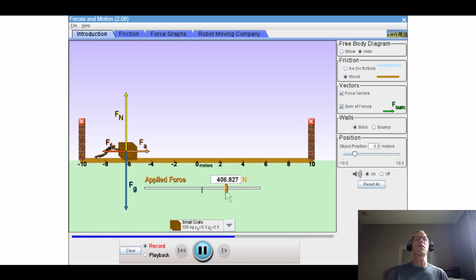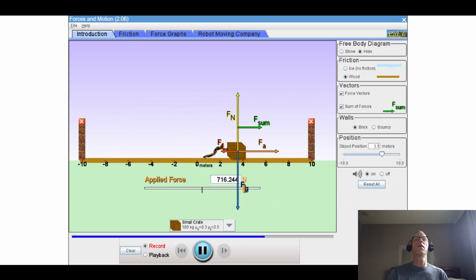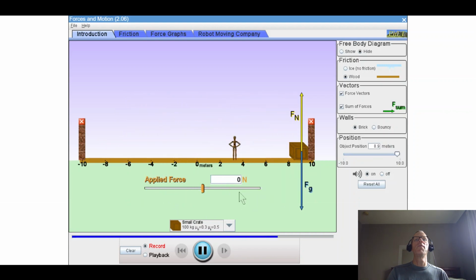The box speeds up. When I stopped pushing, the frictional force didn't change length, was still pointing to the left, and notice that the box then slowed down.